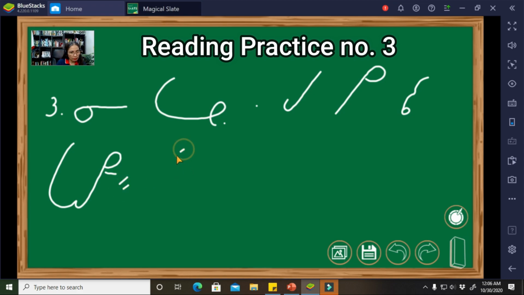And dot there. Then dash, sign of capitalization. This is a straight line and a deep hook and a downward curve. Alright, sign of capitalization again.